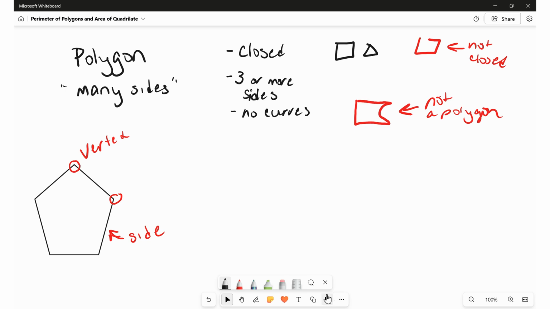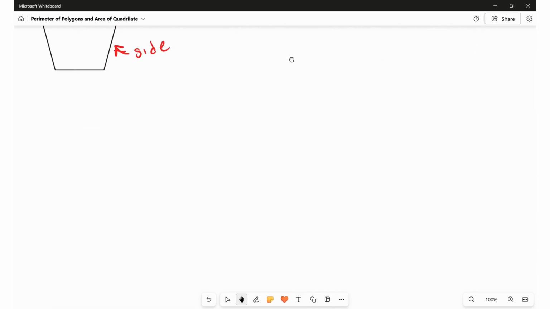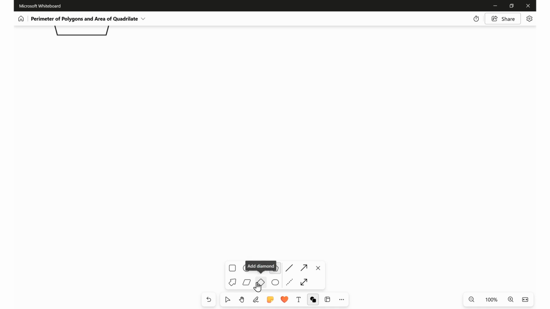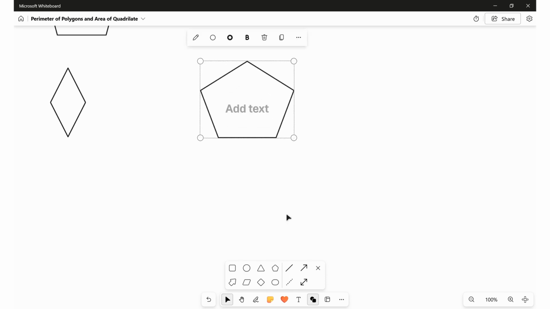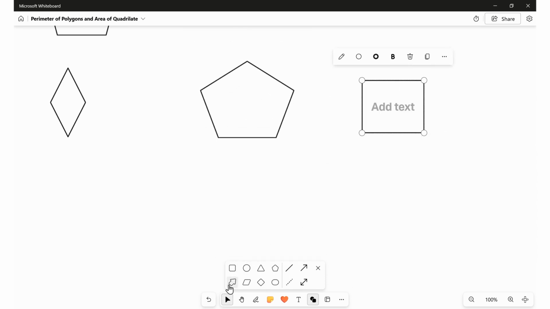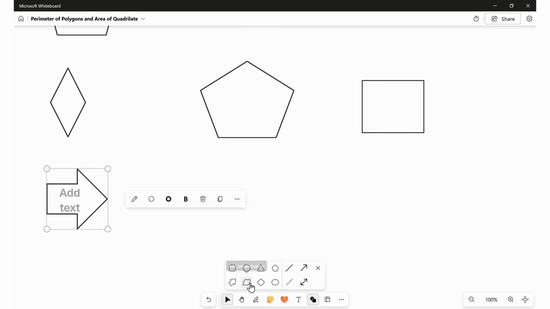So when we are looking at polygons and we want to find the perimeter, let's throw a couple of polygons out here. And yes, even that is a polygon. There are no curved sides.